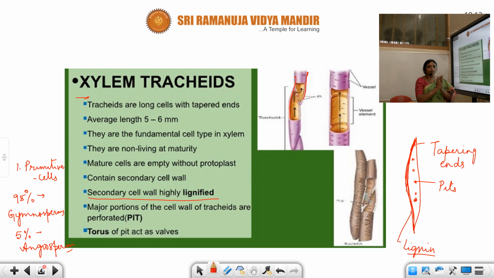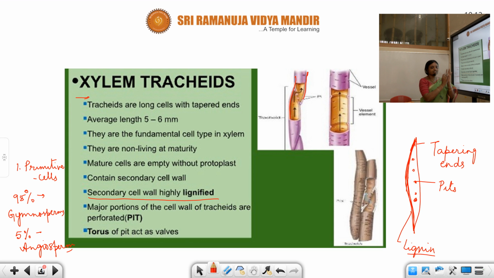Again one trachea is placed here, because they are present in groups. So when a trachea is present here, the pits are present in pairs on this side also. That means if a pit is on this side, a pit is on the other side too. Through these pits, water flows in the upward direction. I hope you understood.